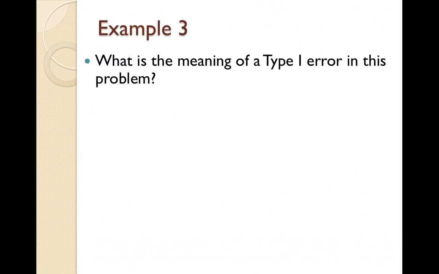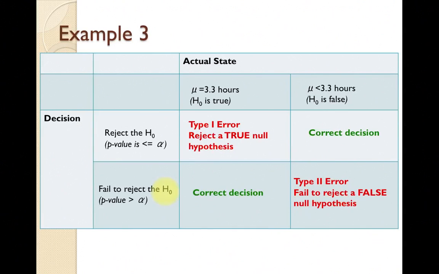So what is the meaning of a type 1 error in this problem? Go back to the chart. A type 1 error would mean that the new medication is no better than the old medication. The new medication really has a pain relief time of 3.3 hours. But we made an error in that we rejected the null hypothesis.